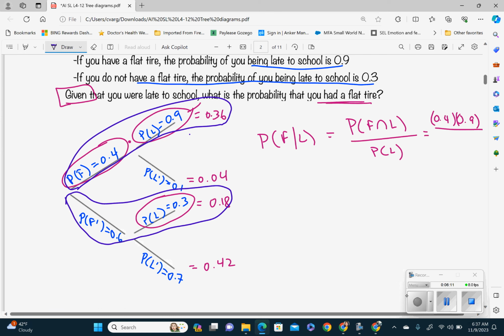So this is 0.36 plus 0.18. We have 0.36 on the top, and then 0.36 plus 0.18, and this becomes a calculator question. Hit enter in the calculator and you get 0.667, rounded to three significant figures.